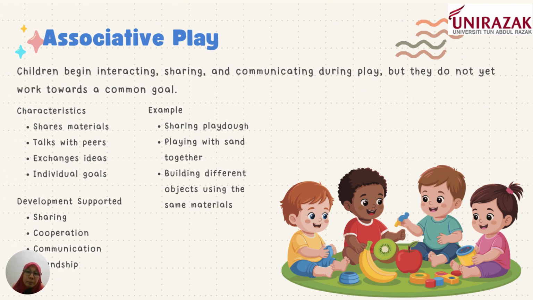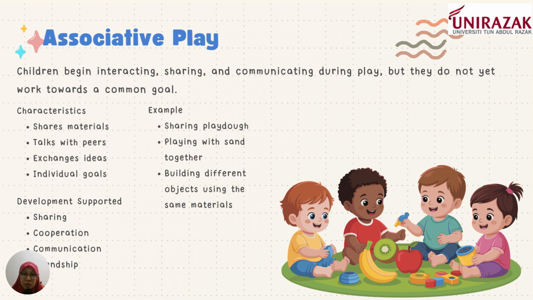But although they're sharing toys and talking, each of them still plays with their own goals in mind. They may use the same play dough and talk about what they're making, but each of them is actually making different things.